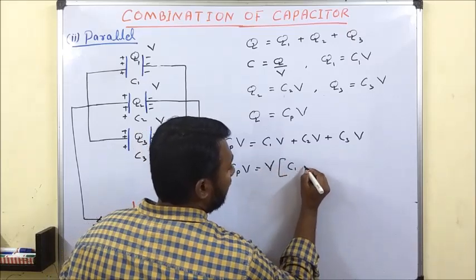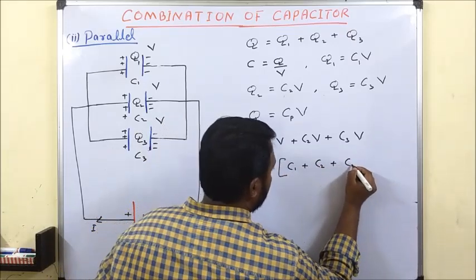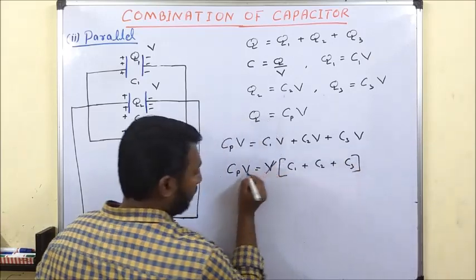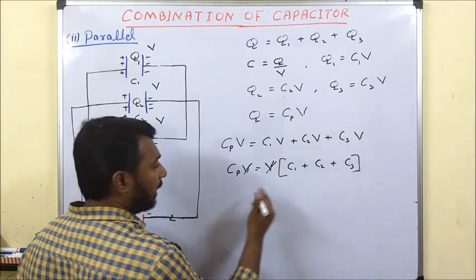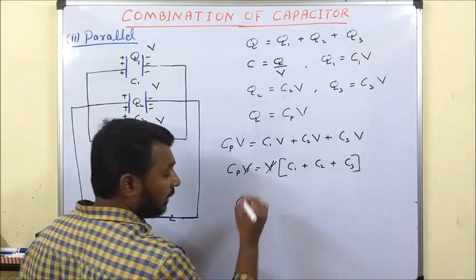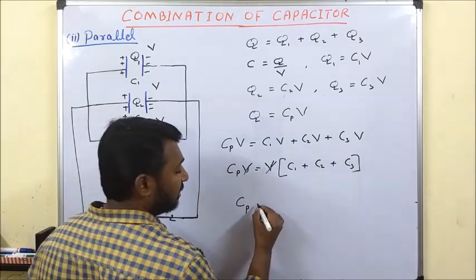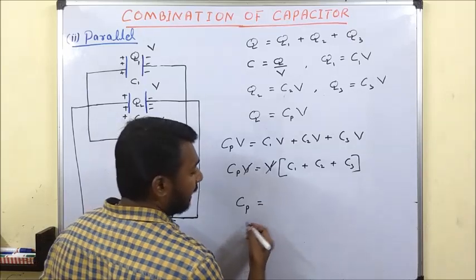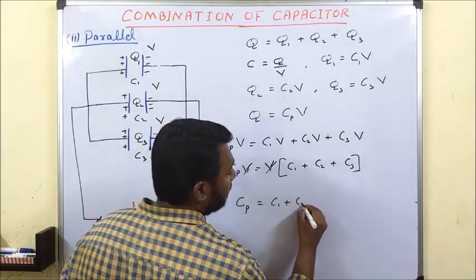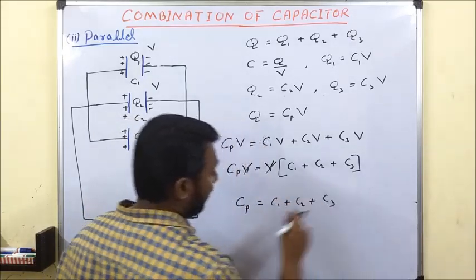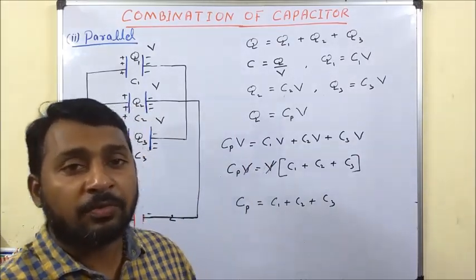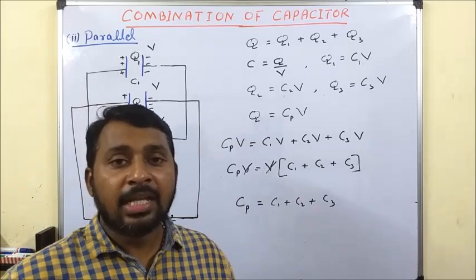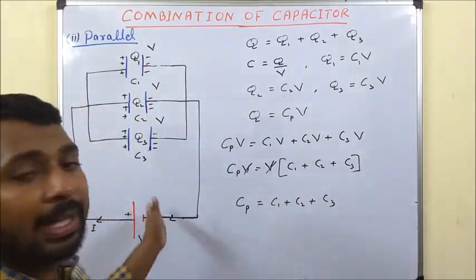CP V is equal to V times C1 plus C2 plus C3. So you can cancel V on both sides. So finally the net effective equivalent capacitance CP is equal to C1 plus C2 plus C3. So this will give you the equivalent capacitance of a system of capacitors connected in parallel.